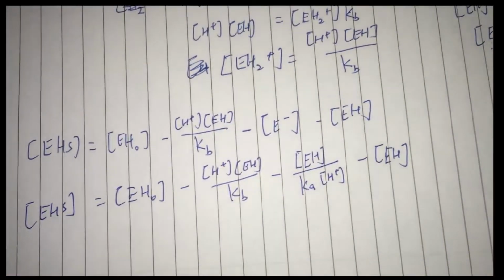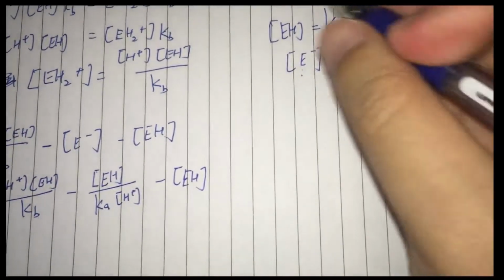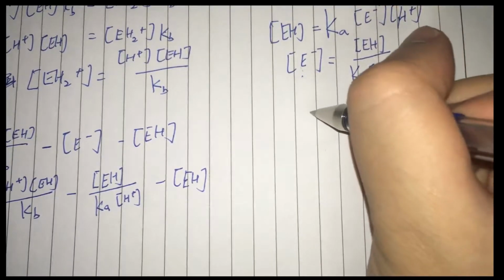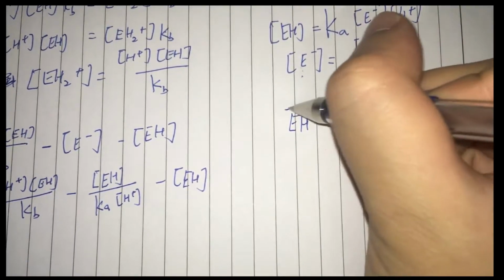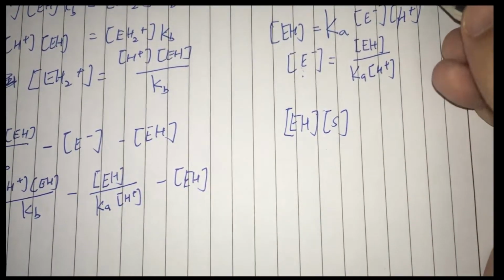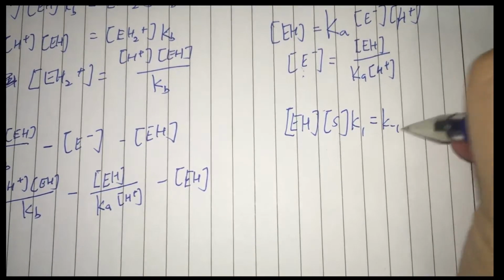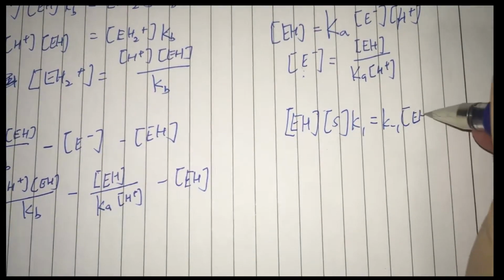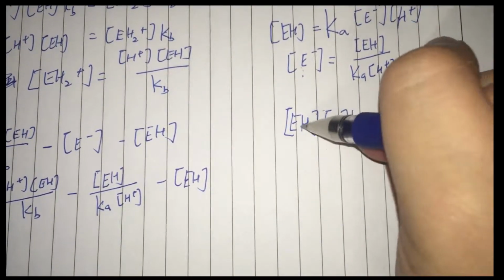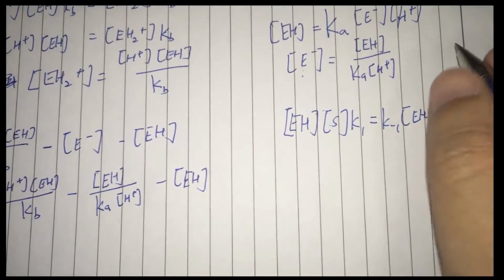You have EHS on the left hand side. So your final equilibrium is where you have EH. I'm just going to write the equation straightforward. So this is the final equilibrium equation where you have the EH and S forming EHS, or being in equilibrium with EHS.